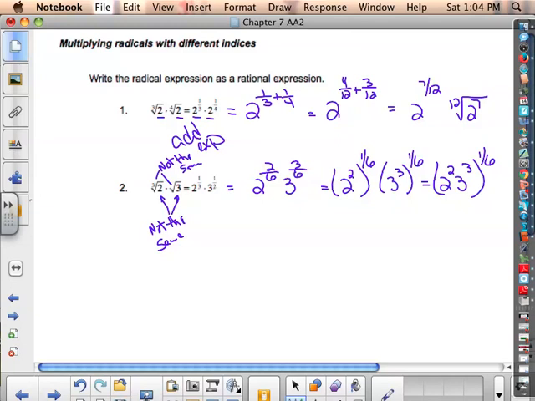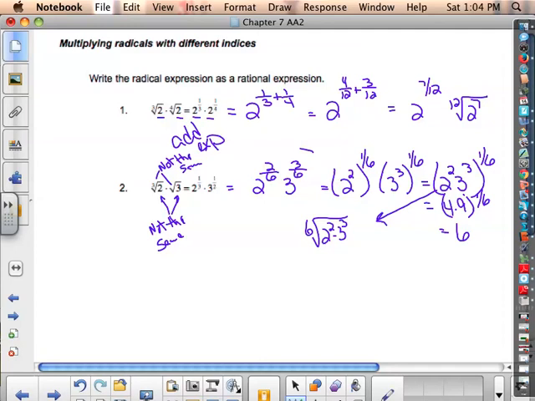And then you'll multiply those independently and have 4 times 27 to the 1/6. At this point, though, you may rewrite it in radical notation, the 6th root of 2 squared times 3 to the 3rd.